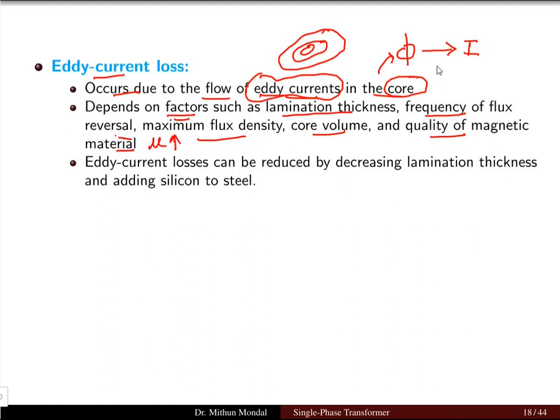Also, the core material has to be laminated so that its area is increased. So eddy current losses can be reduced by decreasing the lamination thickness or adding silicon to steel. When we add silicon to the steel material, we get less eddy current losses.